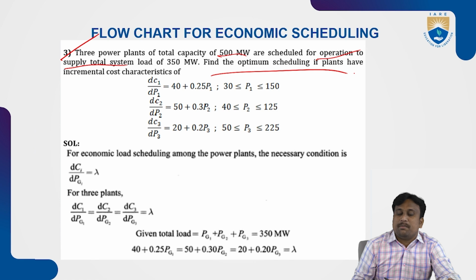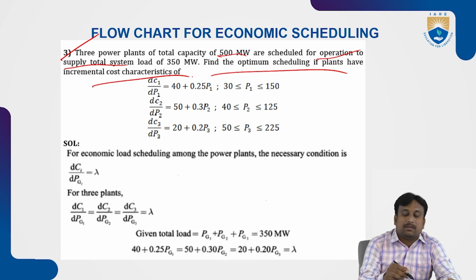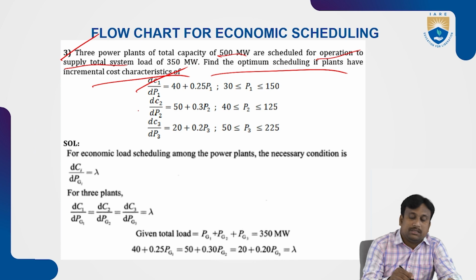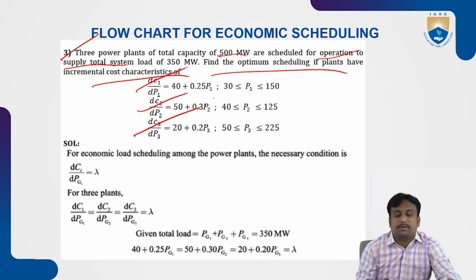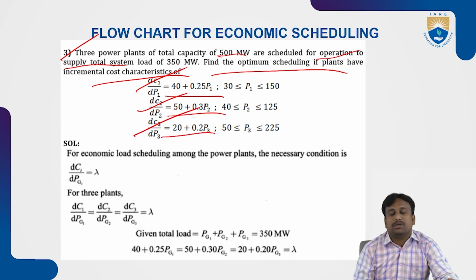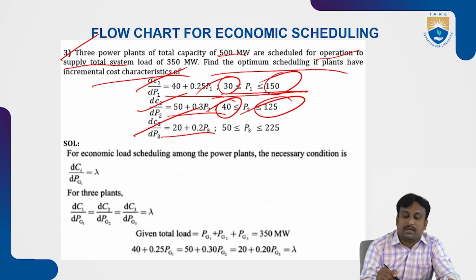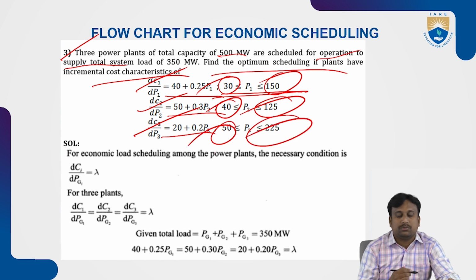So find the optimal scheduling if the plants have incremental cost characteristics, that is dC1 by dP1, dC2 by dP2, dC3 by dP3. First one is 40 plus 0.25 P1, second one is 50 plus 0.3 P2, third one is 20 plus 0.2 P3. Here the power demand varies from 30 to 150, the second from 40 to 125, and the third from 50 to 220.